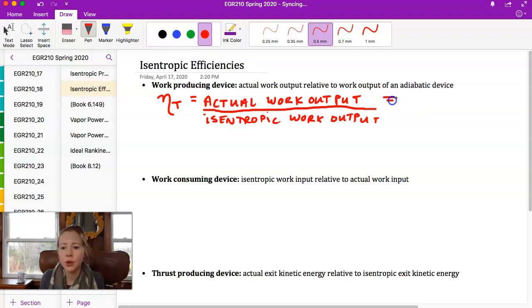So this would be W dot actual over W dot isentropic. That's what that s is for.